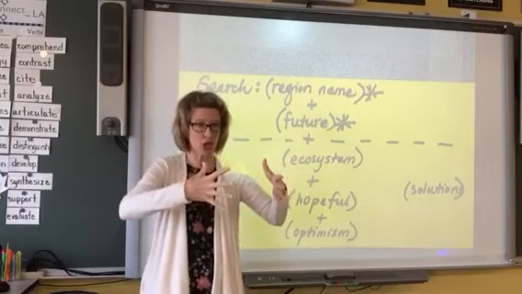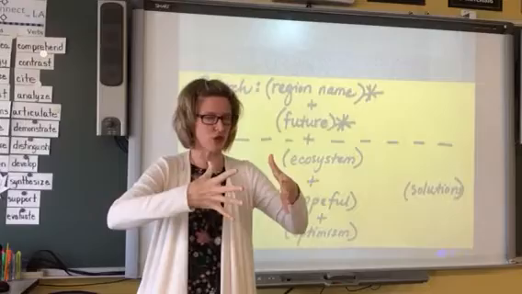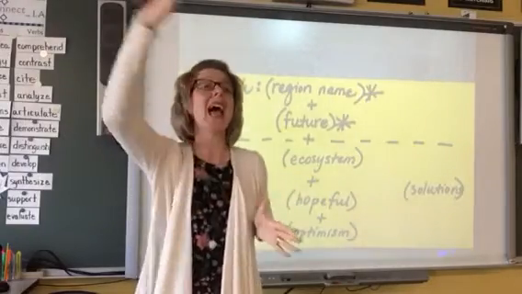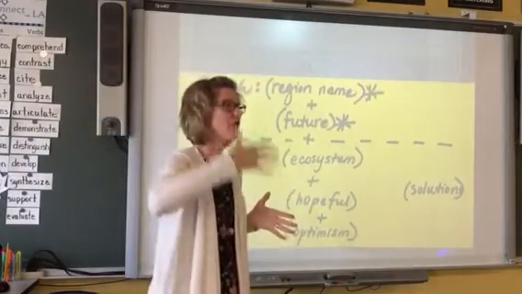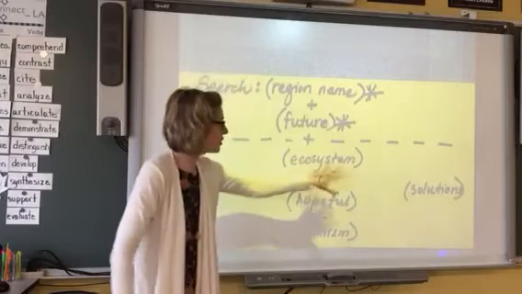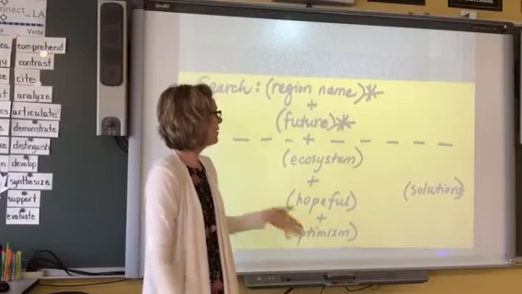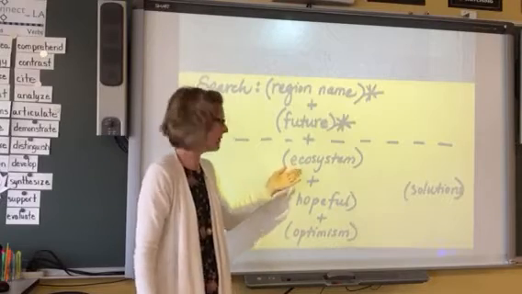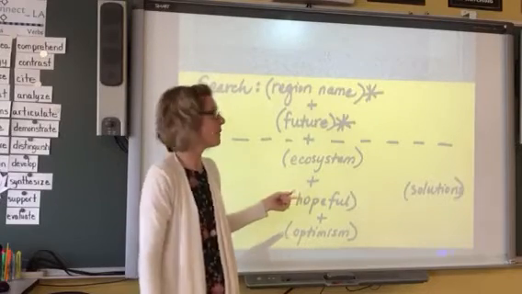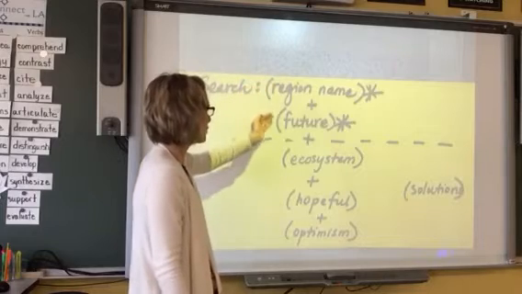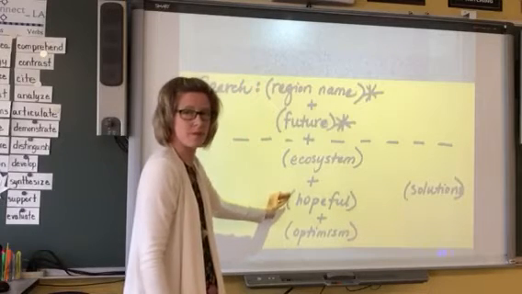Then type the word future in that search bar, because we want to look ahead to the future. And then you're going to choose a combination of other words to add to that same search bar. For example, ecosystem might be one of those, and hopeful. So you might have Himalayas, future, ecosystem, hopeful.